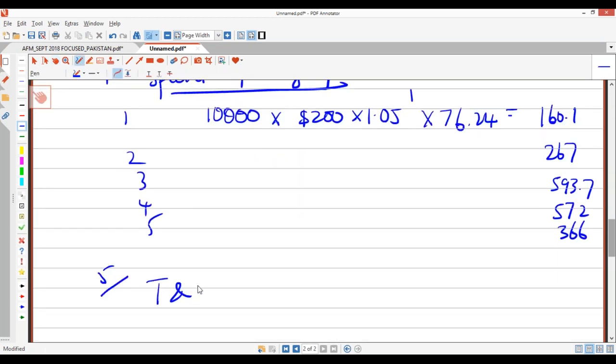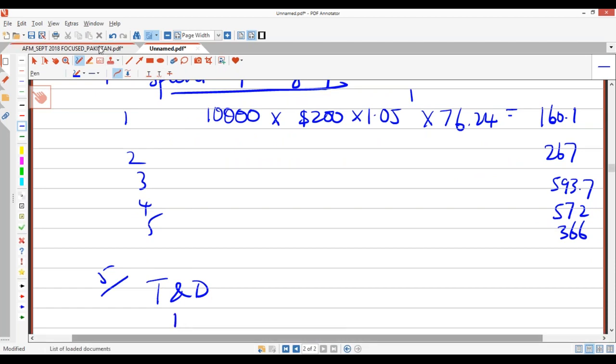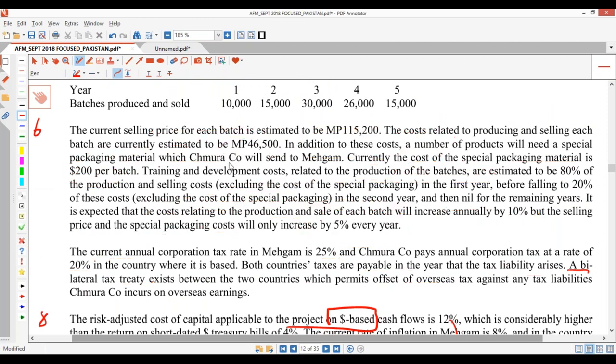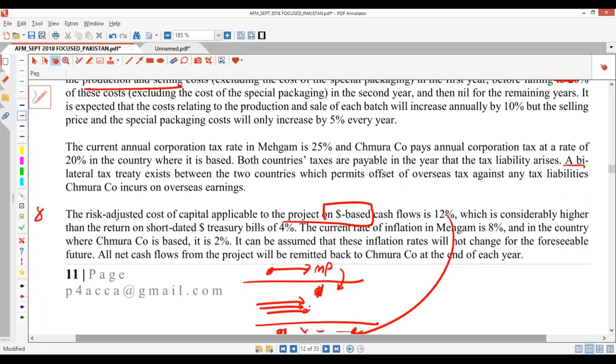Let's do it. Training and development. According to this question, training and development will be equals to 80% of the production and selling cost, excluding the cost of special packaging. If you look at it here, it is simply based on this figure.